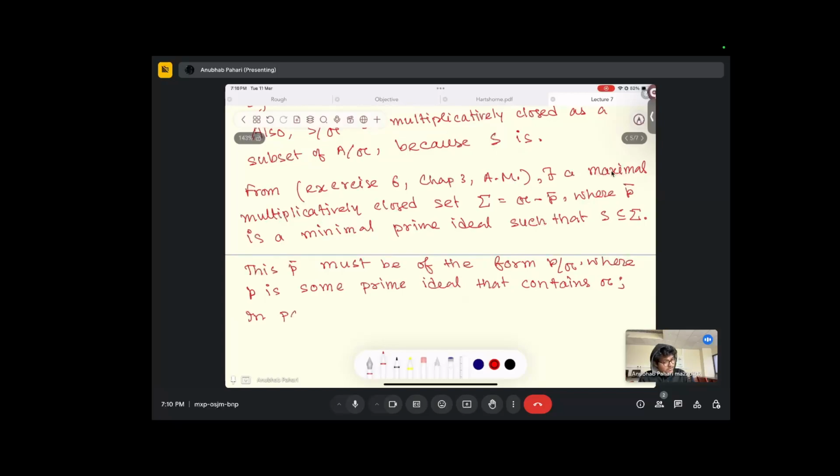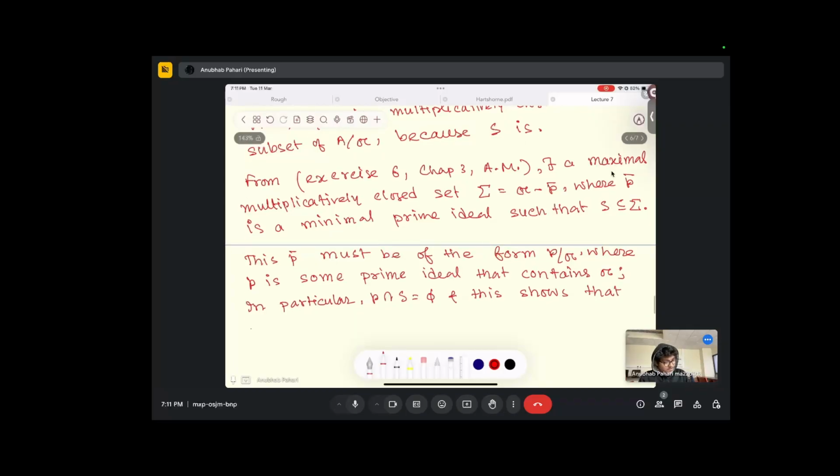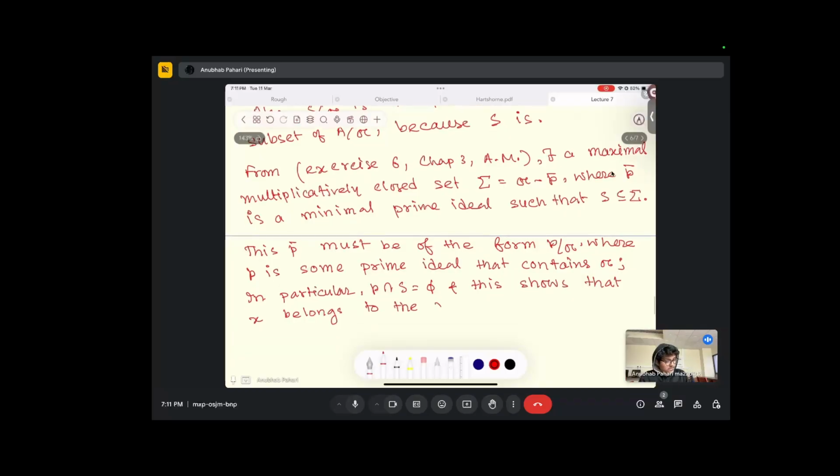In particular, P intersection S should be empty, and this shows that x belongs to the right hand side.